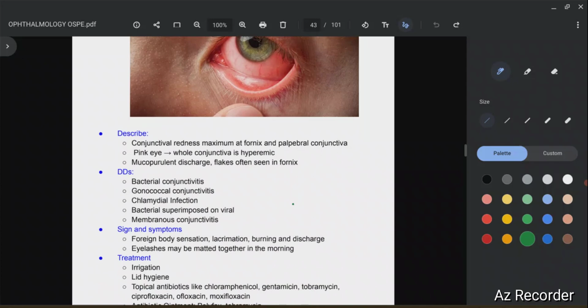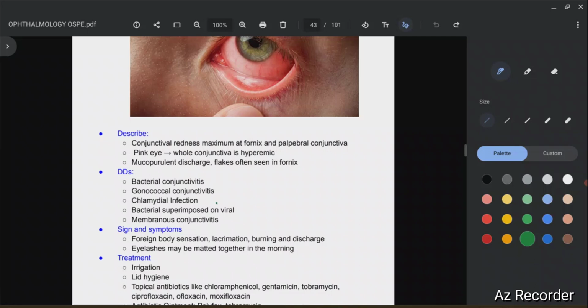Now what are your differential diagnoses? Remember, mucopurulent, pink eye: this is your bacterial conjunctivitis. But to be on the safe side, give a list of 2 to 3 diagnoses. Profuse purulent discharge is seen in gonococcal conjunctivitis, so you can mention that this can be gonococcal conjunctivitis as well.